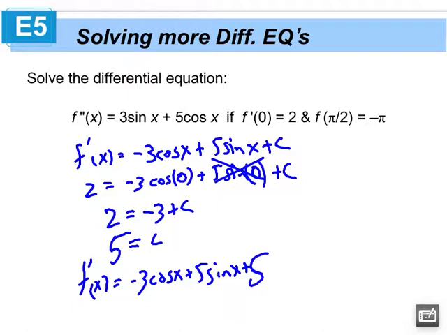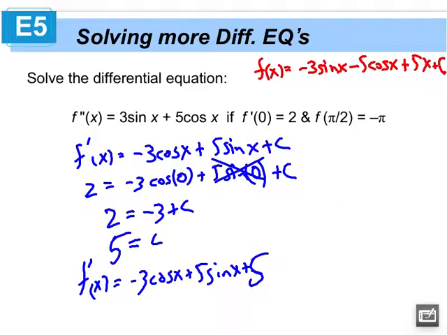Then you take the antiderivative of that, which will give me f of x, which equals negative 3 sine x minus 5 cosine x plus 5x plus c. Beautiful. And remember, constants don't disappear now. This isn't derivatives, this is antiderivatives.